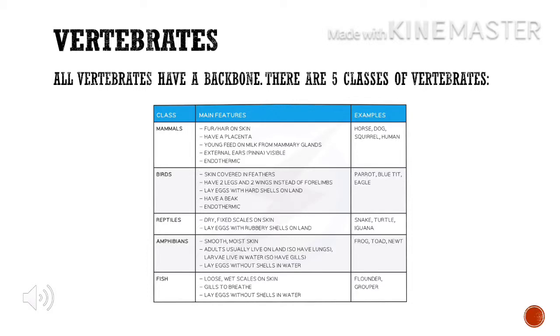And lastly, class fish. Loose, wet scale on skin. They have gills to breathe, and they lay eggs without shells in water. Examples: flounder and grouper.